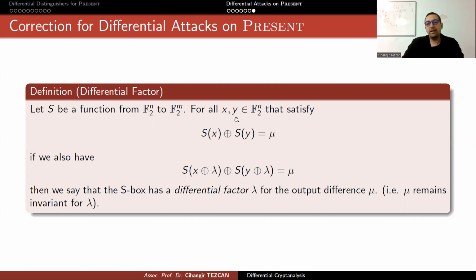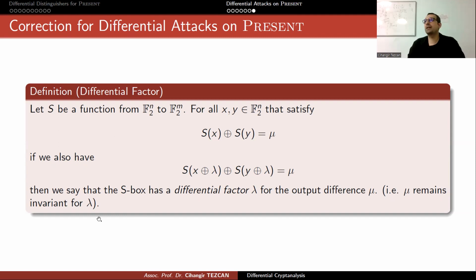For all x, y that satisfy S(x) XOR S(y) equals mu, so we are fixing the input difference, if you also XOR the inputs with some non-zero lambda, but it still gives you the output mu, we say that the S box has a differential factor lambda for the output difference mu. In other words, mu remains invariant for lambda.